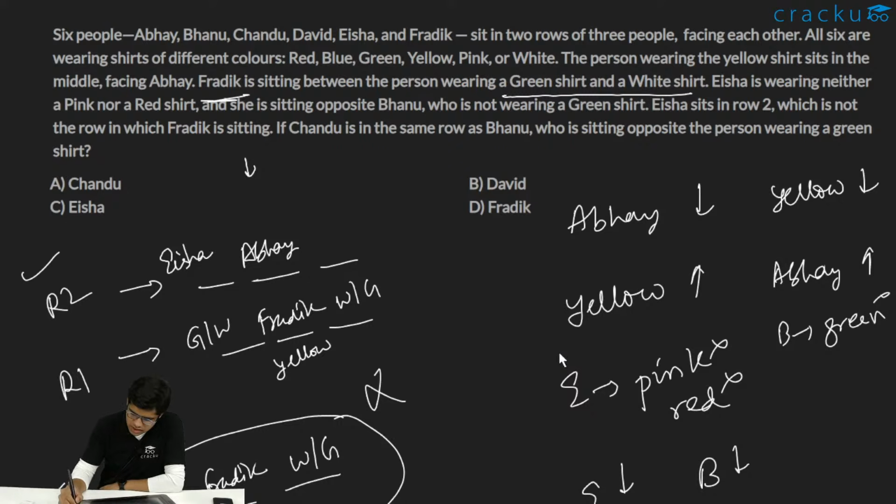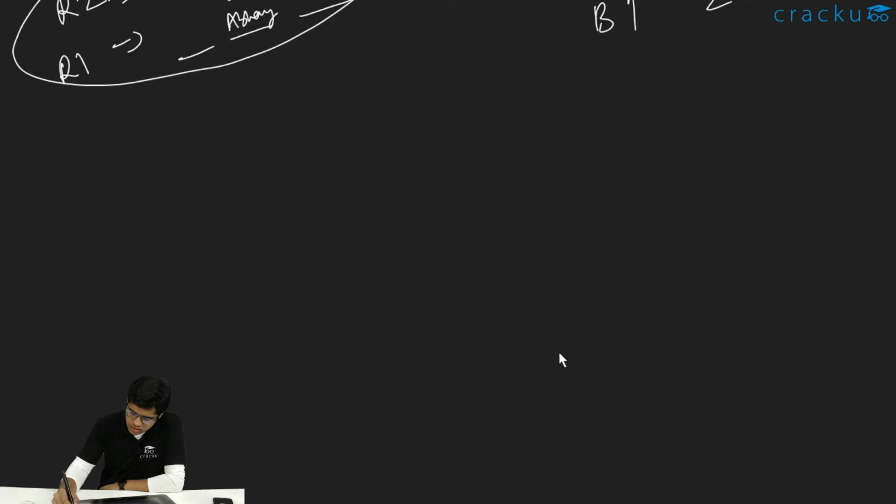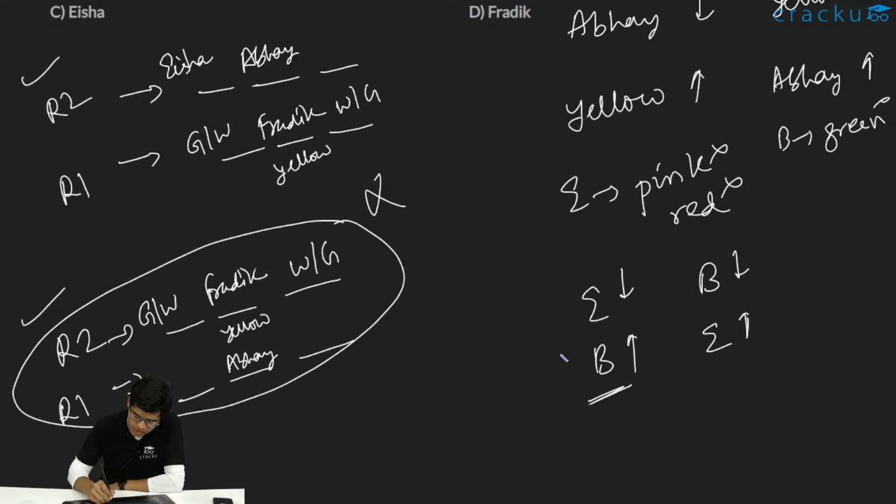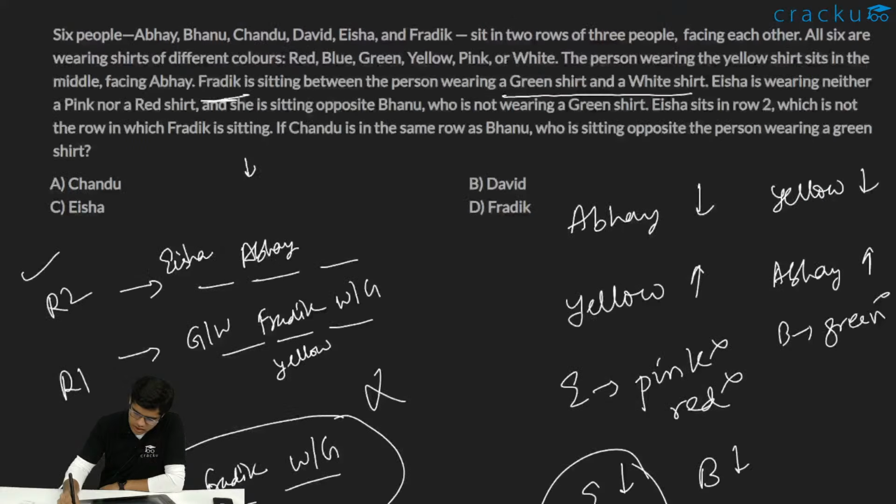Now if Aisha sits here, which means Bhanu has to sit here. Now Bhanu is not wearing green shirt, means here Bhanu will wear white shirt, means this G I can eliminate. So I'm left with white here, which means this will be green.